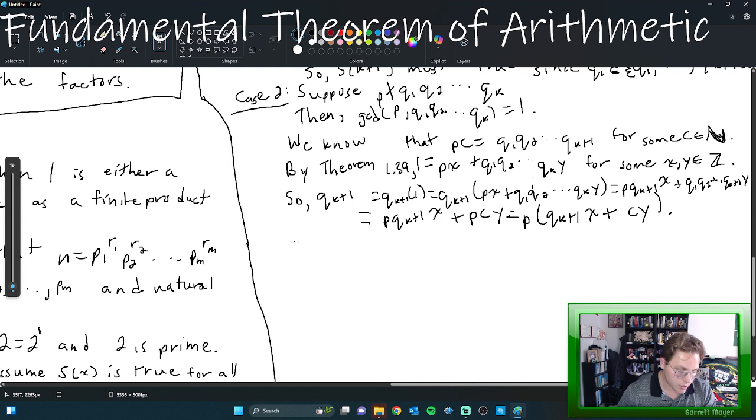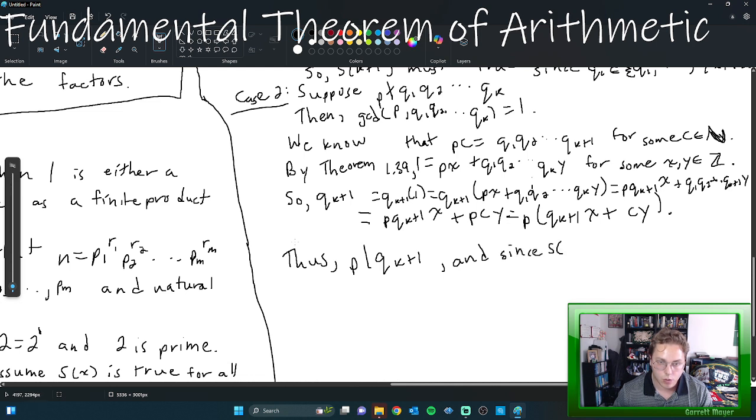What this shows us is that, thus, p divides q_{k+1}, and since S1 is true, so if p divides a single prime number, or a product of just one prime, p equals q_{k+1}. So S_{k+1} is true.